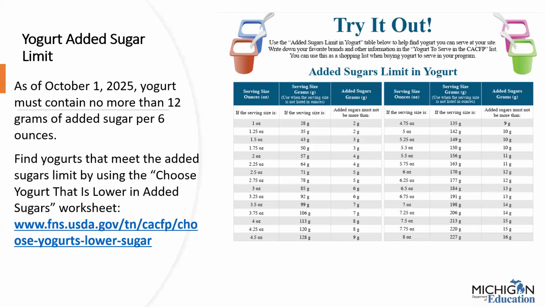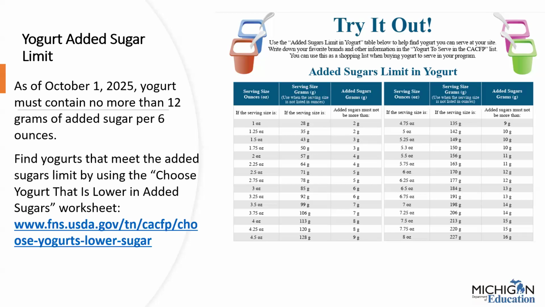So it's been around a little while now, but in case you're not familiar with it, there's new added sugar limits for yogurt. That began at the beginning of this fiscal year. And yogurt must contain no more than 12 grams of added sugar per 6 ounces. And I love this handout because it's really easy to figure out if the yogurt qualifies or not, or is creditable.